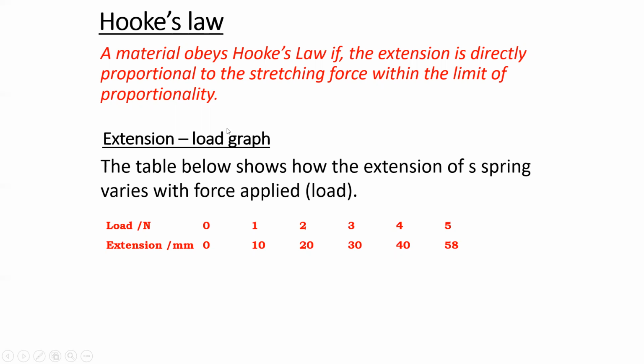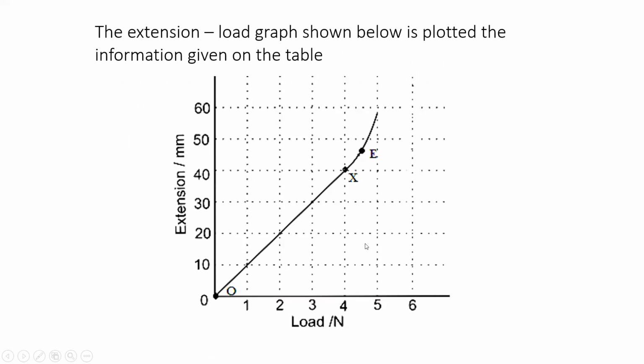So when we plot a graph from the readings, how will it appear? It will appear like this: load and extension. The last point where the spring is obeying Hooke's law, this is the region where the spring obeys Hooke's law, and after that it will become a curve. So when the force and extension graph has a straight line, it means in that region the spring is obeying Hooke's law, and after that it is not obeying Hooke's law.